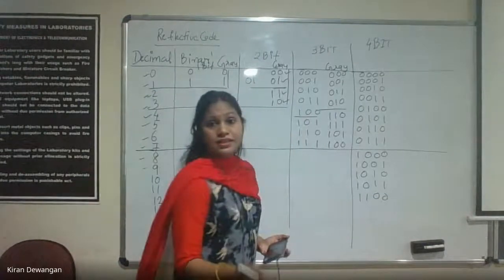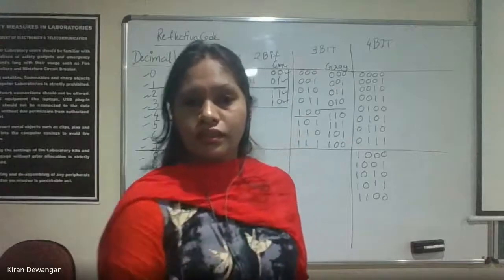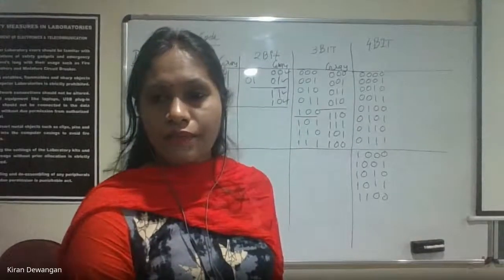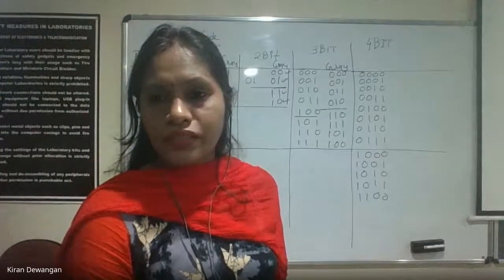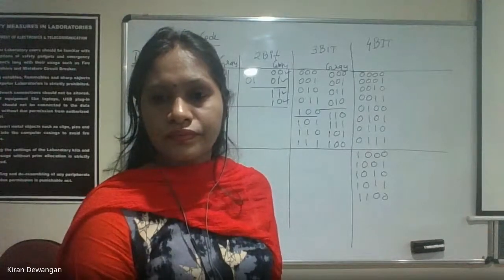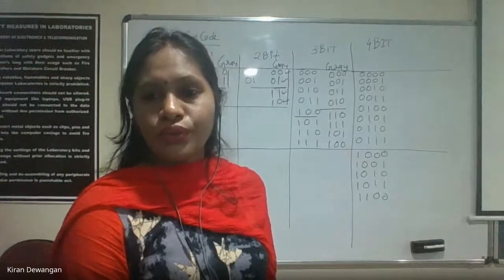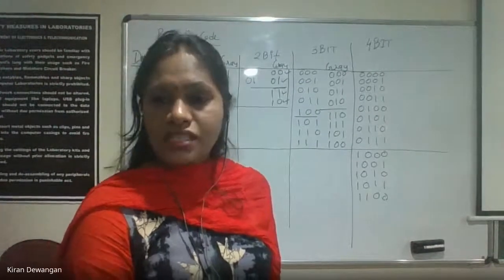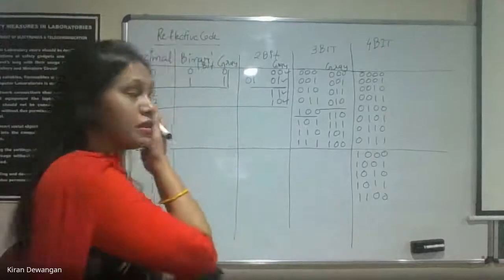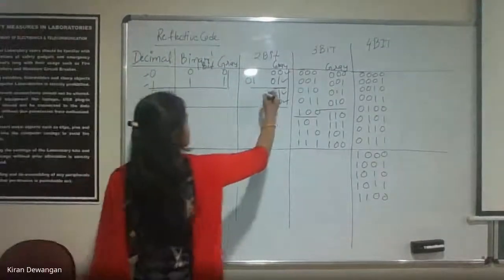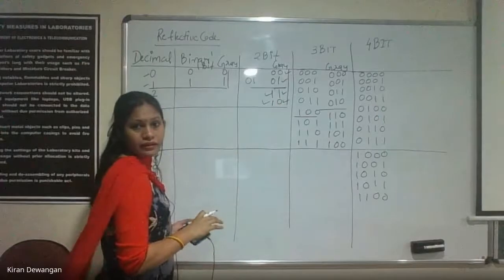Vedant, what are you asking? Turn on your mic and ask. I'm not getting your question. How did we take 1 1 and 1 0 initially for 2 and 3? I didn't understand. You are asking about this one, right?